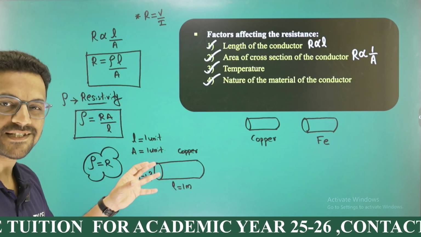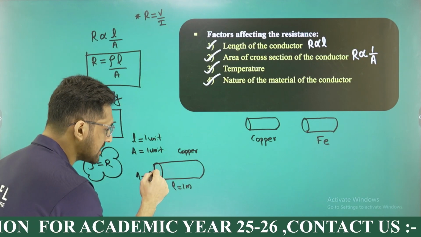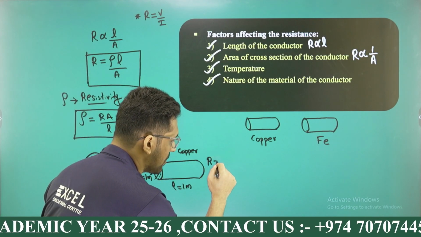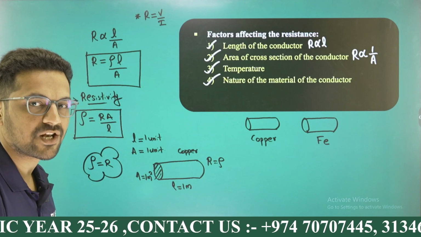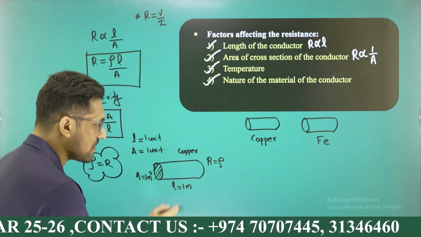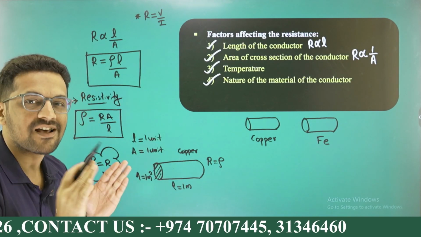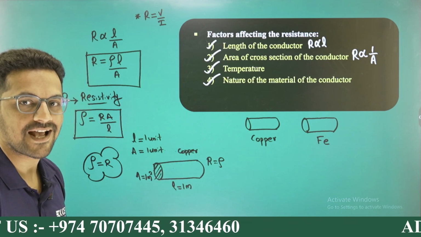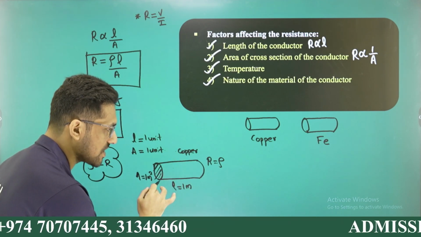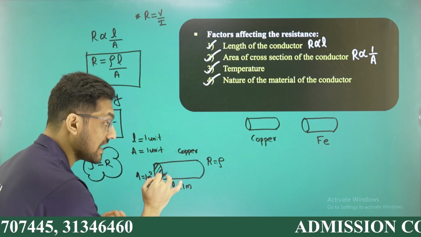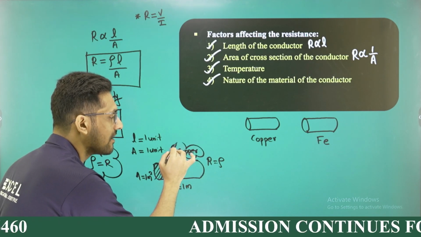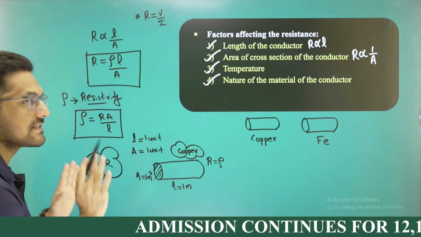If you measure the resistance of this conductor, you will get R, which will be equal to resistivity. What is the meaning of that? Then the resistance of this conductor will be the resistivity of copper. Did you understand this? This is resistivity.